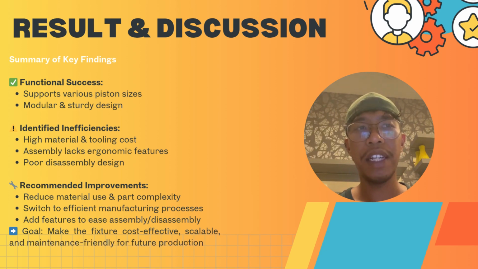Recommended improvement: we reduce the material that we use and the part complexity, switch to efficient manufacturing processes, and add features for both assembly and disassembly. This is to make the fixture cost effective, scalable and maintenance friendly for future production.